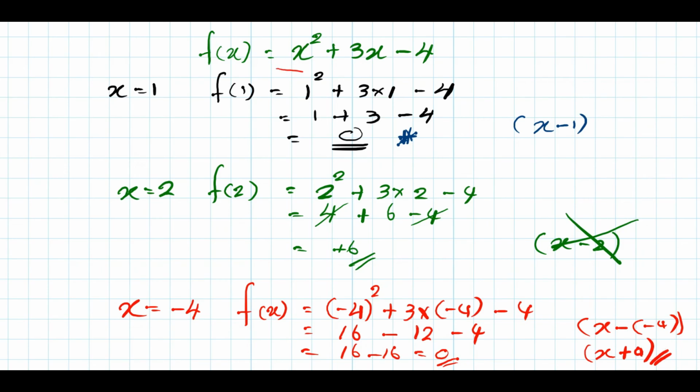We all know this is a quadratic function, so we have two factors. Using this method, we have found both factors. Therefore, I can write this f(x) function in factorized form as x minus 1 into x plus 4.